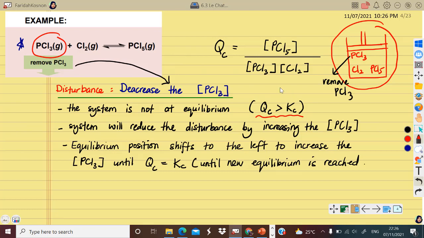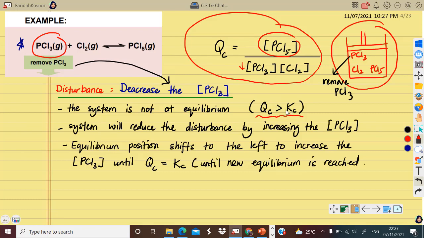Okay, students should be familiar with this by now. When the disturbance is that the concentration of PCl3 decreases, if we refer to the Qc expression, the concentration of the product, PCl5, is very high, but the concentration of the reactant decreases. So that is why Qc is greater than Kc.